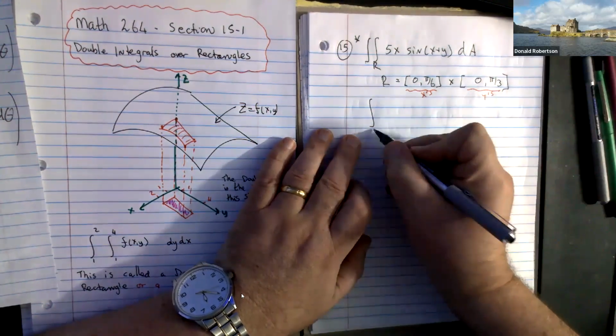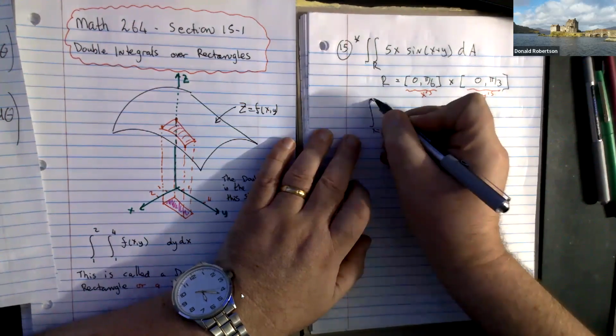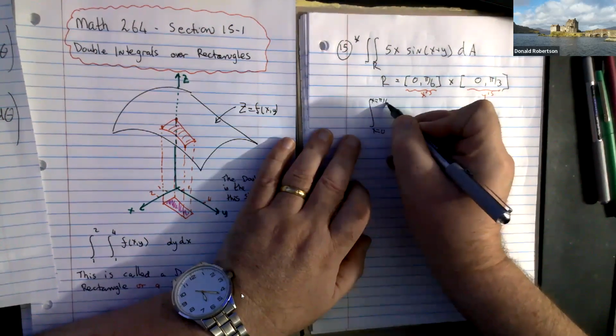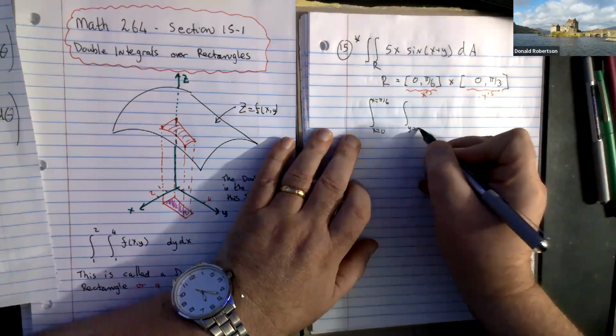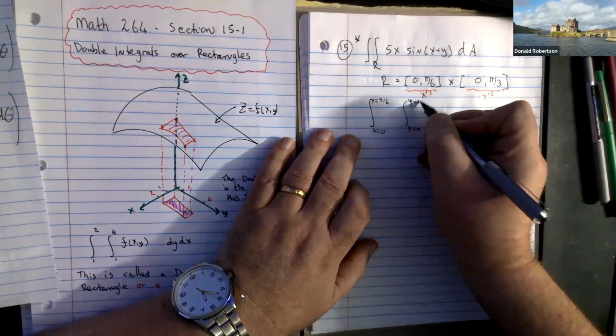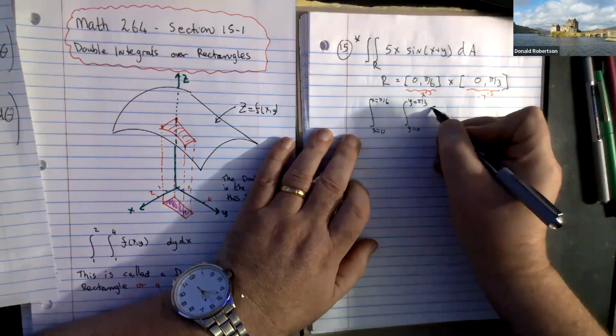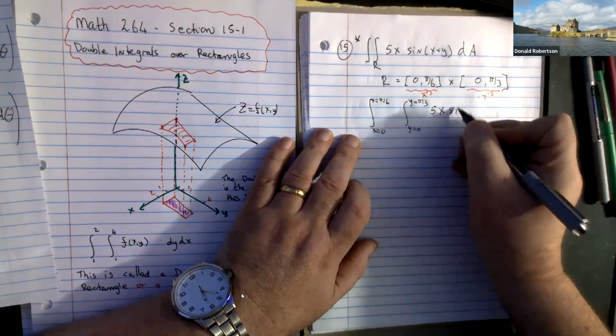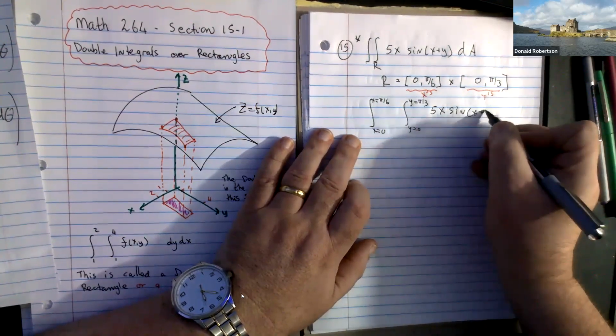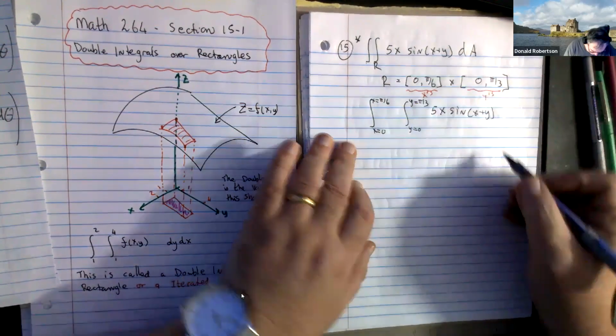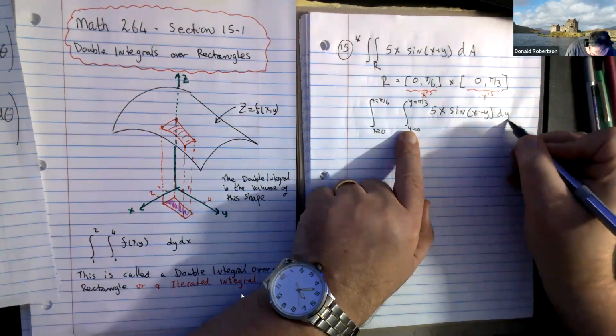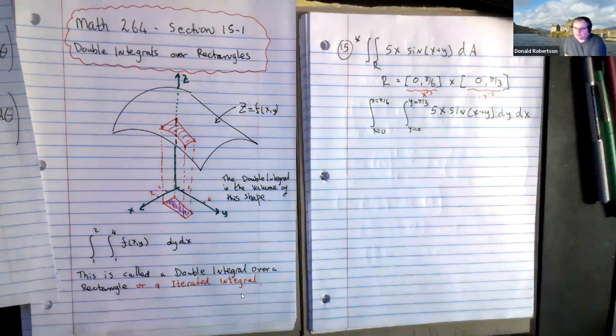So I'm going to do X equals 0 to X equals pi upon 6, and Y equals 0 to pi upon 3. And I'm going to do 5x, the sine of X add Y. And the dA is a placeholder in this particular combination. It's for dy by dx.